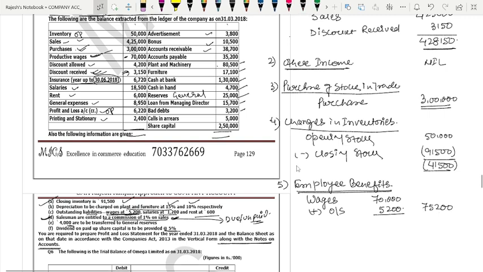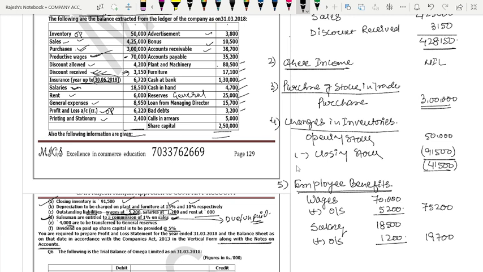Then salary. Salary is 18,500 plus outstanding 1,200, 19,700.